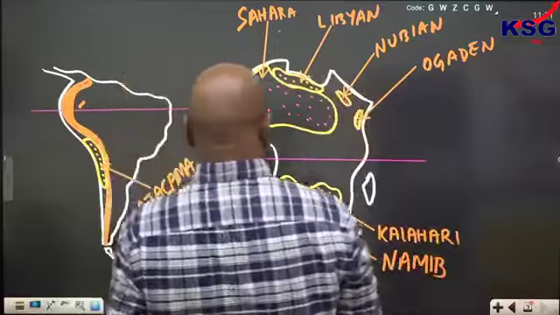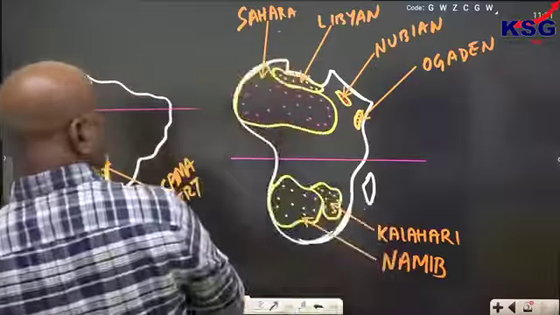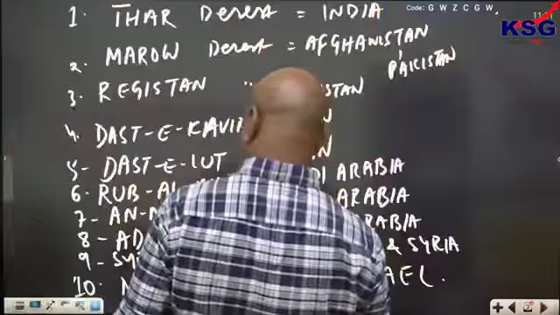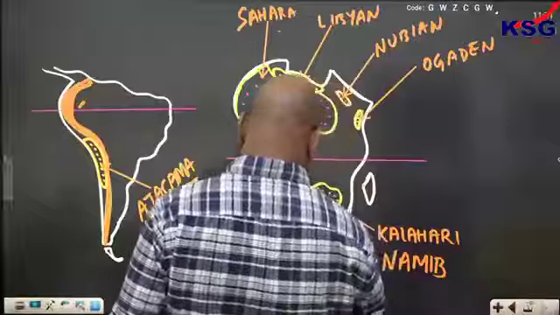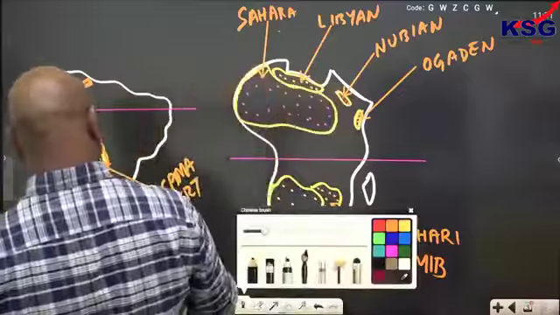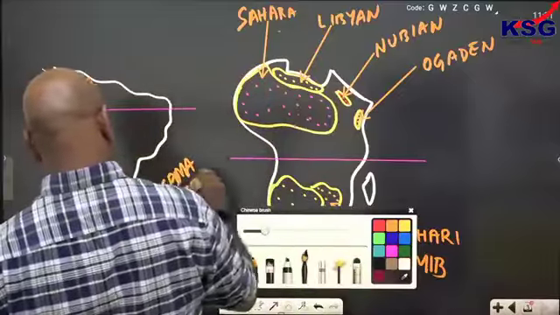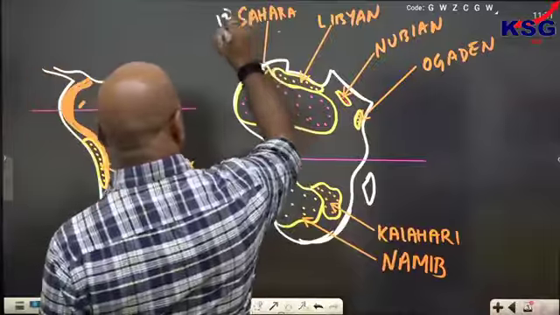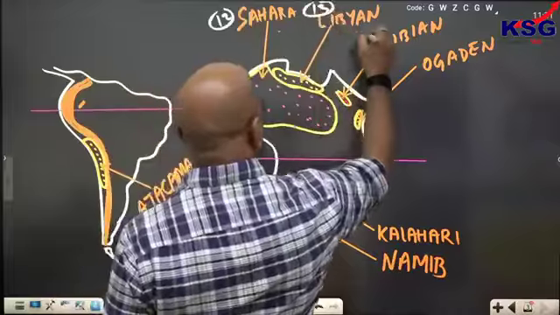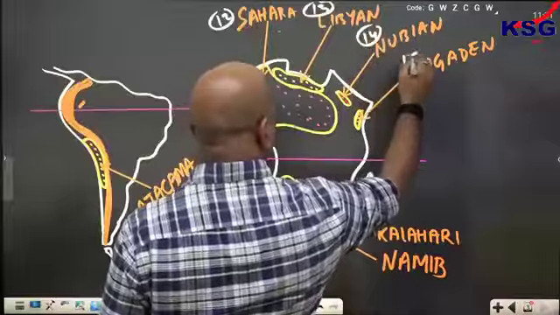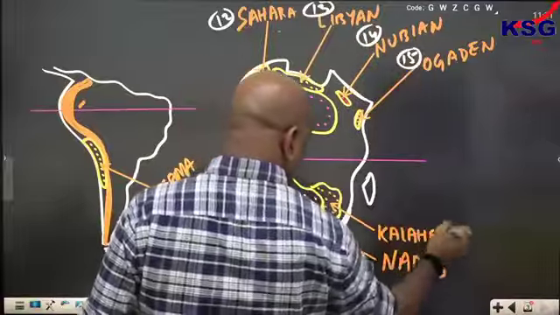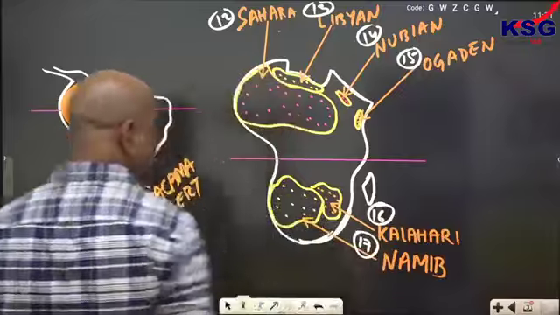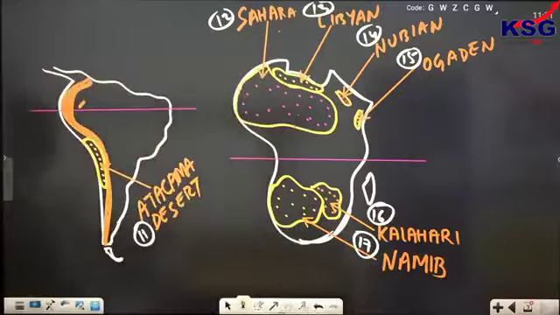So we have different deserts here: Sahara, Libyan, Nubian, Ogaden, Kalahari, Namib. Up to 10 we had Asia, and now we have number 11, 12, 13, 14, 15, 16, 17. Can you see this?